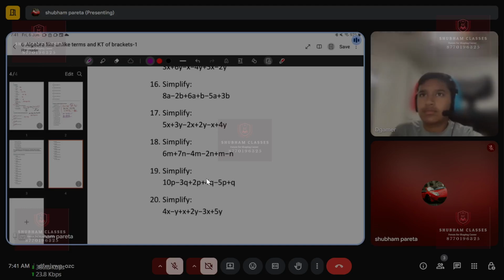I need to add some more pages as well, because this topic is still not completed from my side. Some more correction is needed. So first of all, you finish the BODMAS PDF and give the mock test for BODMAS. After finishing the BODMAS PDF, you can switch to this like and unlike terms PDF, and then we will go for this as well.